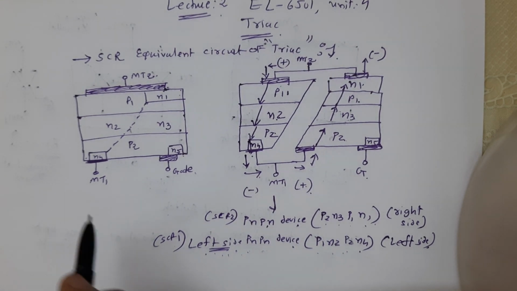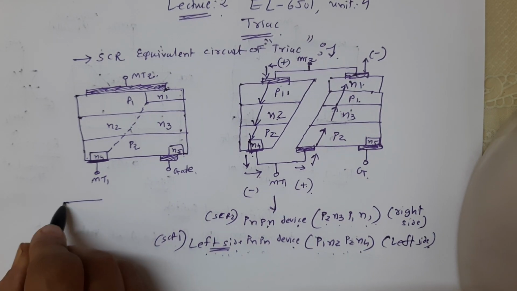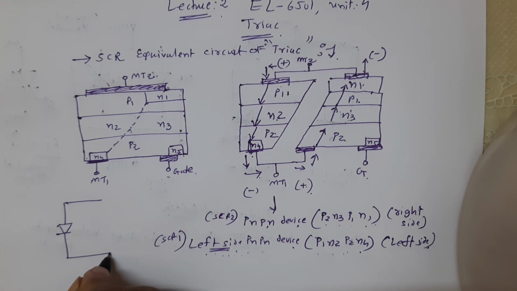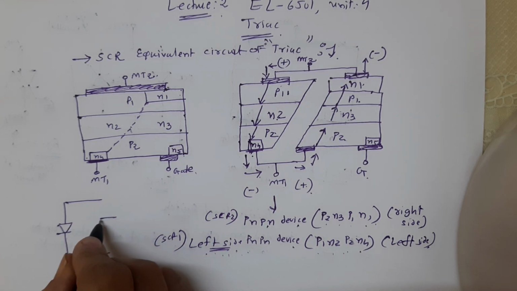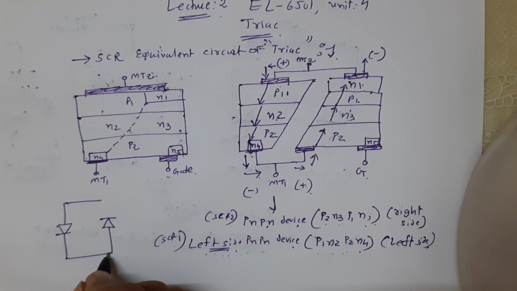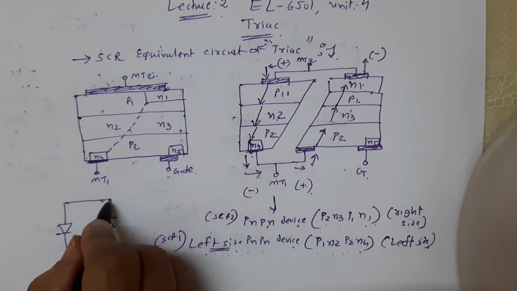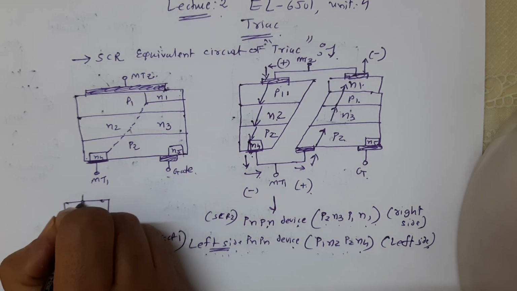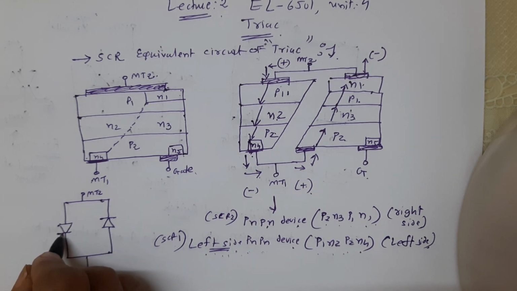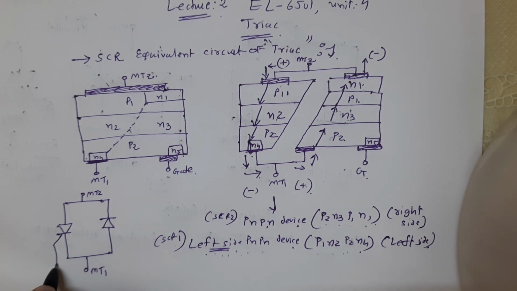It looks like this. The first SCR, SCR1, the second SCR, SCR2, and both the SCRs, this is your MT2, this is your MT1, and the gate terminal.